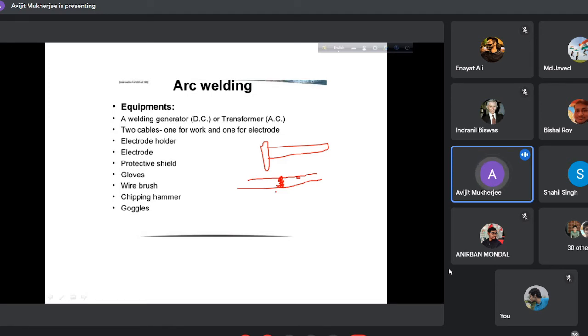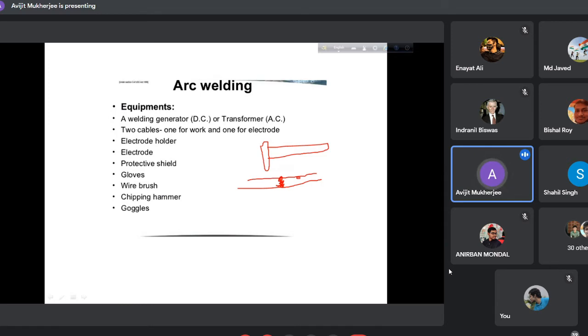Inside the room, the atmosphere is there, atmospheric air, and this weld bead will be oxidized. Oxide scales will be formed.